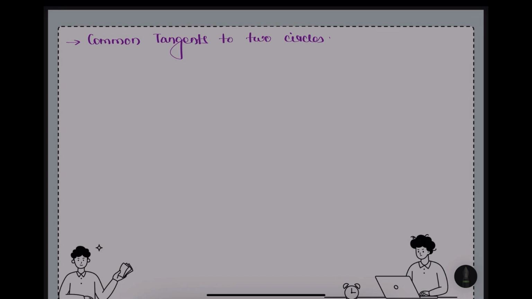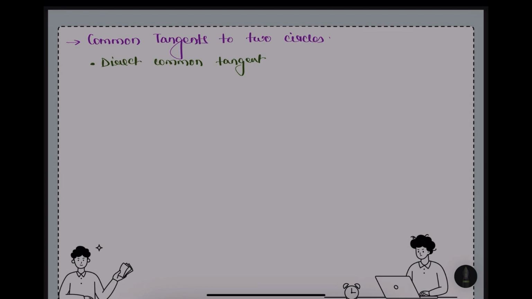Okay. So here you have to understand two names. The first is direct common tangent.